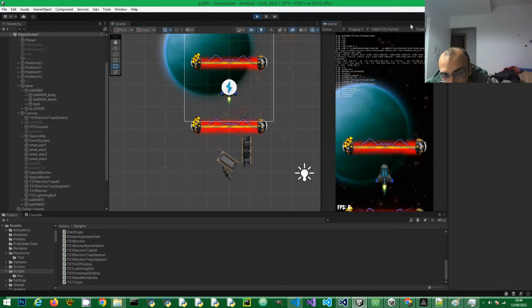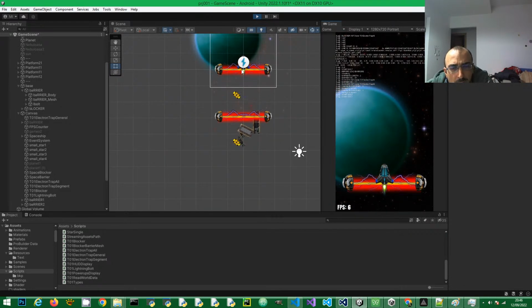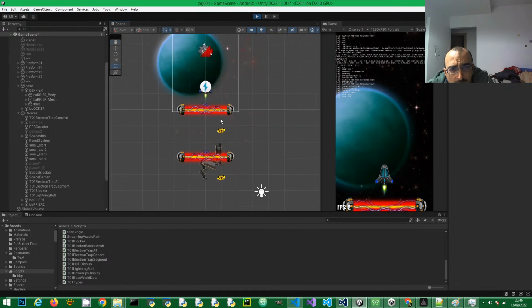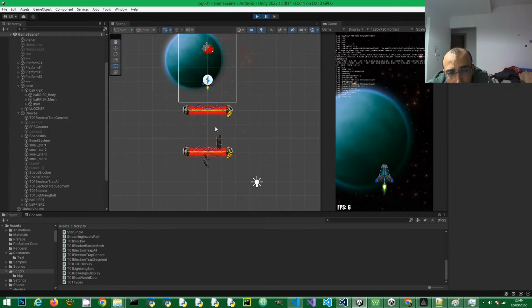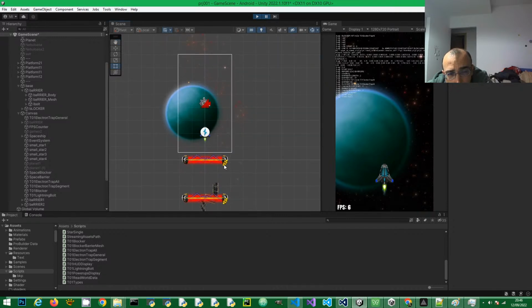So it's all going well. We're starting to get the blockers moving. Translations, rotations around own axis, around pivot points in other planes.